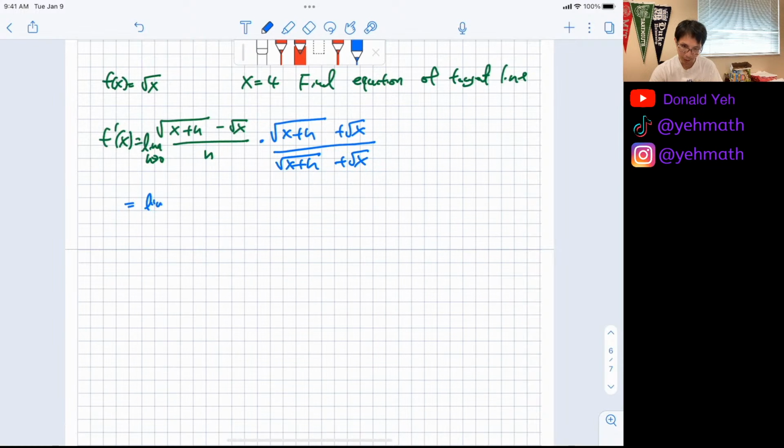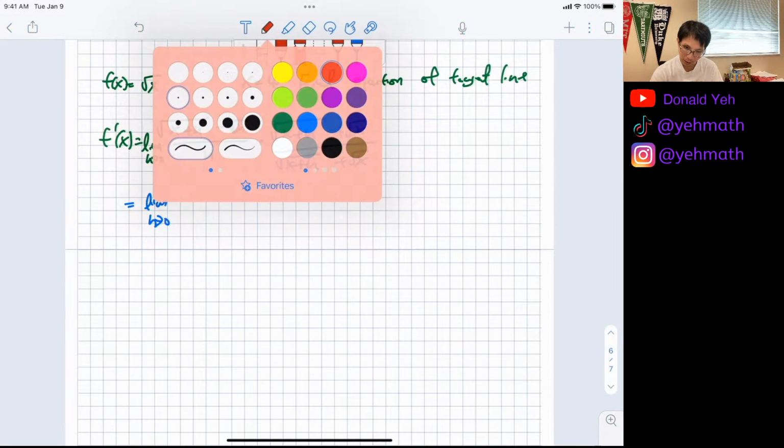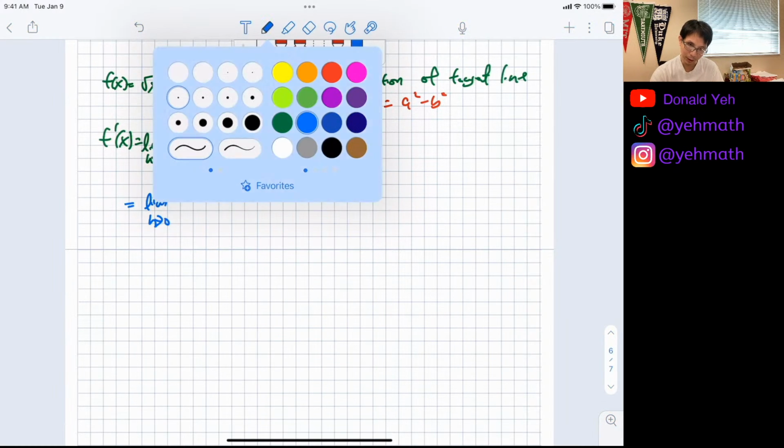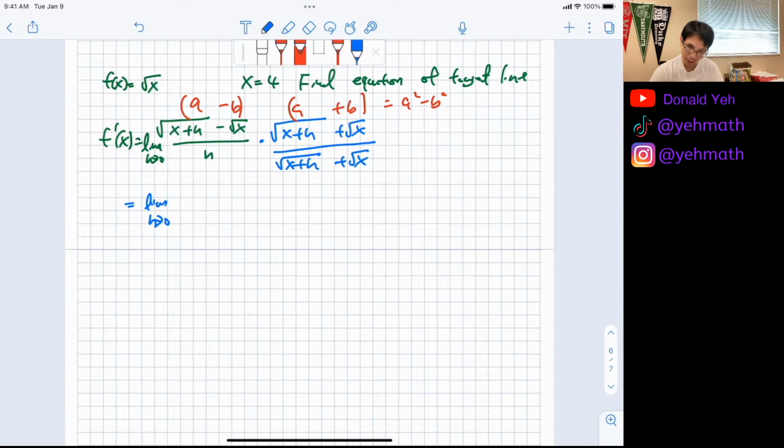That's equal to the limit as h approaches 0 of, now this one is going to be a minus b times a plus b. I'm pretty sure you know this already. That results in a squared minus b squared. There's no middle term, and that's the thing that cancels. So it'd be x plus h minus x over h.